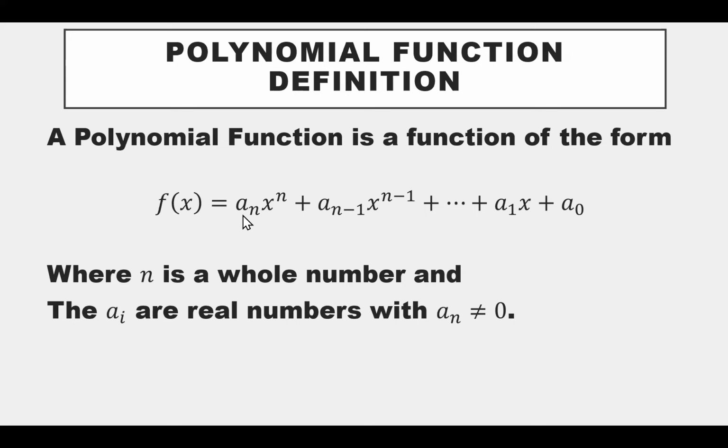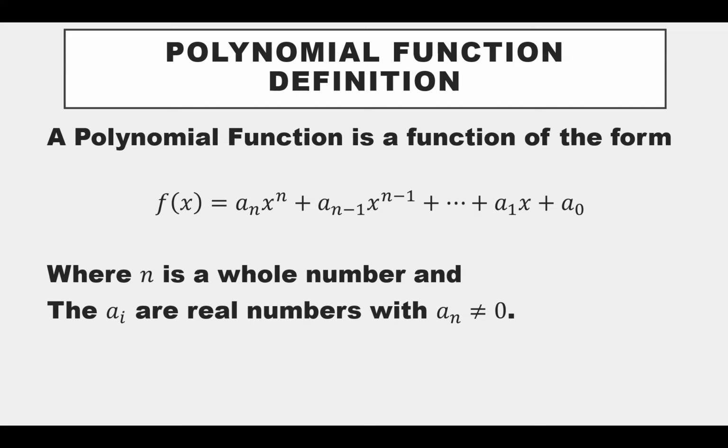The coefficients a sub n minus 1, a sub 1, a sub 0, and so forth, are all real numbers. And we make sure that our coefficient a sub n is not equal to 0, because if it was equal to 0, then I could have made this polynomial function smaller with fewer terms.